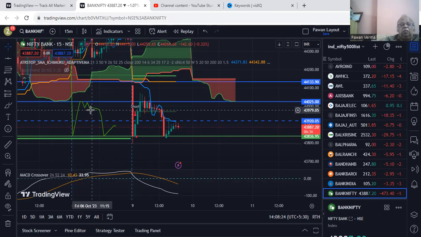Whereas the possibility of testing the level 43,836 is quite high, and this will be the second time testing.